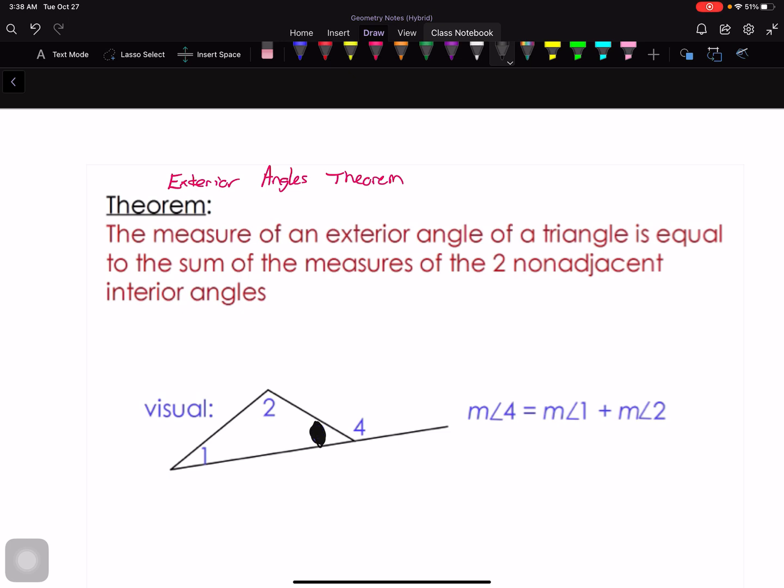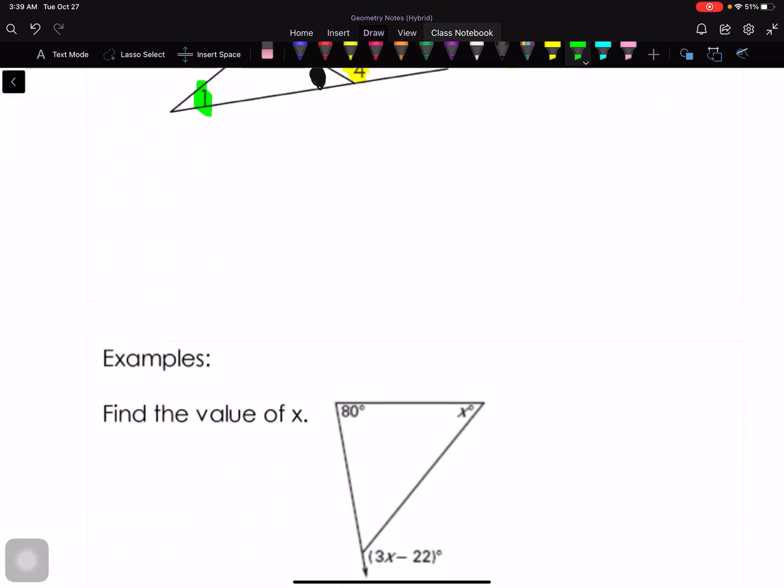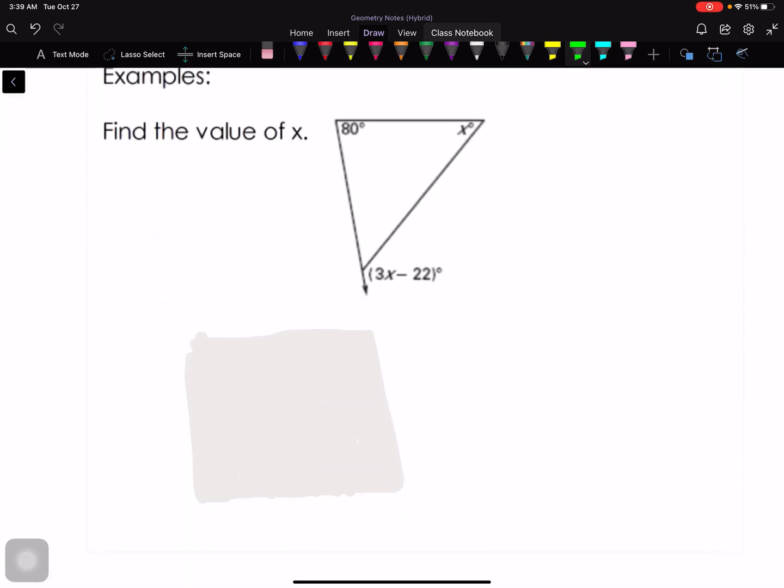All we care about is that the measure of angle 4 equals the measure of the opposite angles, the angles that are not next to angle 4. Angle 3 was next to it, so I scribbled it out. It has nothing to do with the exterior angles theorem. So we'll take the measure of angle 1 plus the measure of angle 2, and we get the measure of angle 4.